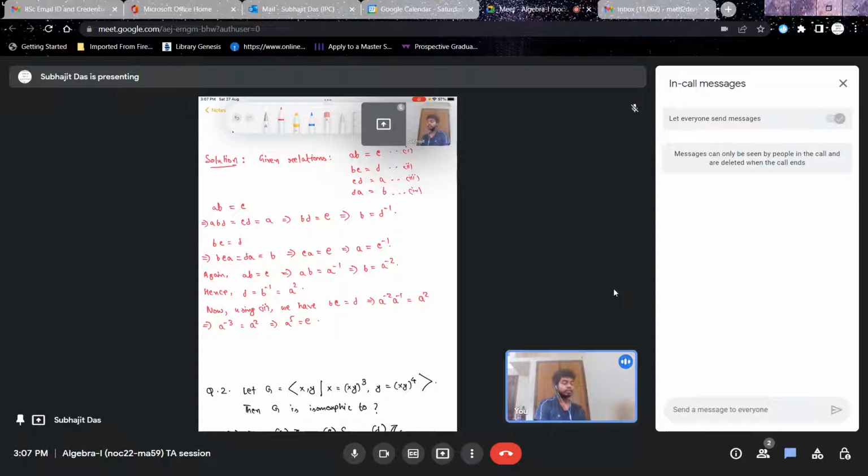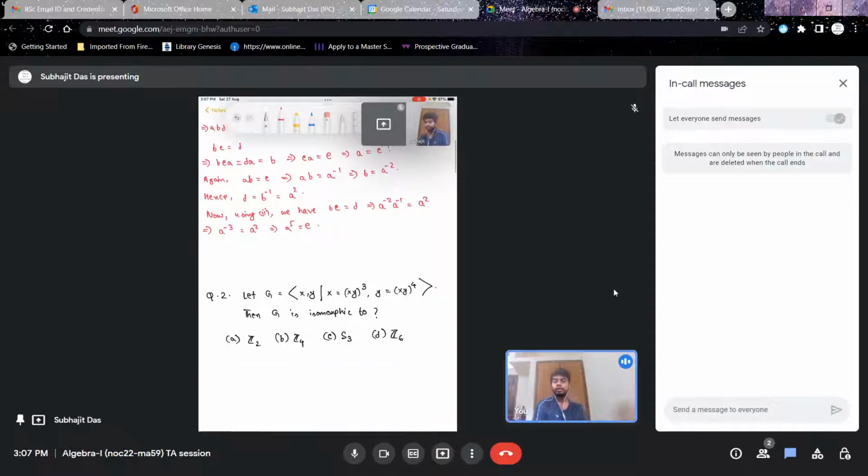So let's try to use the universal property of free groups.